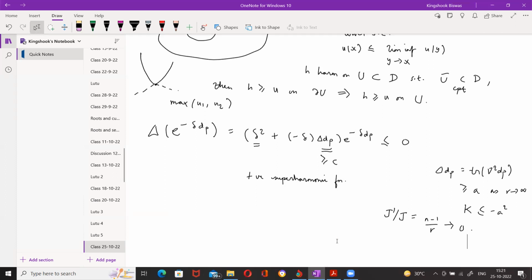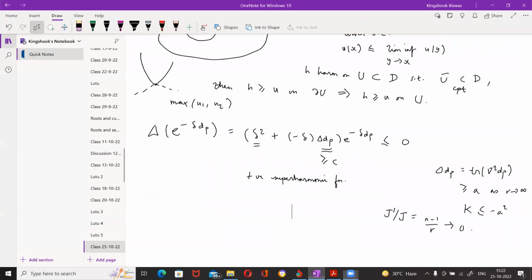Except R2, what can be other examples of parabolic? So non-negative Ricci curvature. Some sort of non-negative curvature will lead to parabolicity. Utsav, I think non-negative Ricci curvature is not enough.